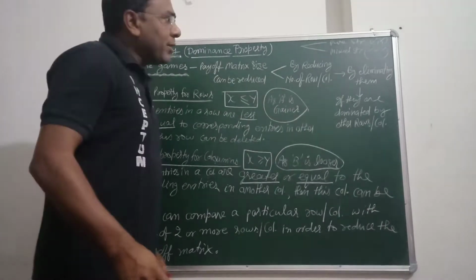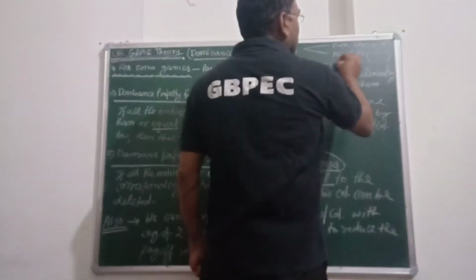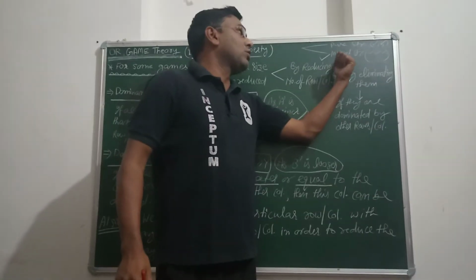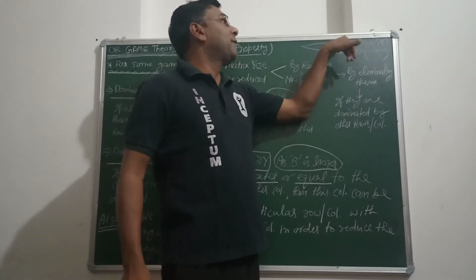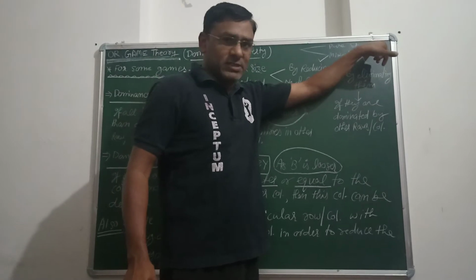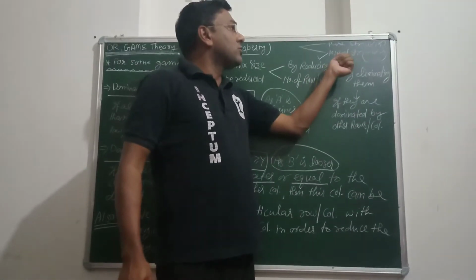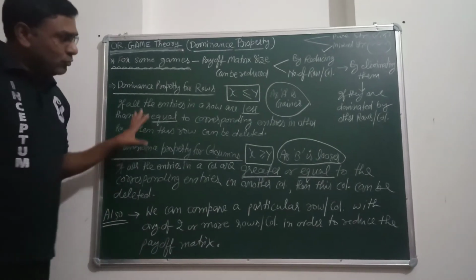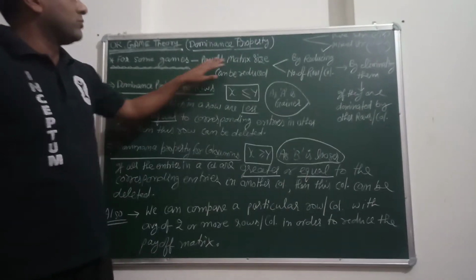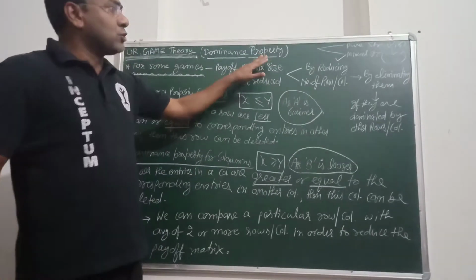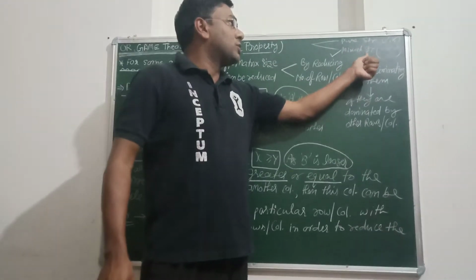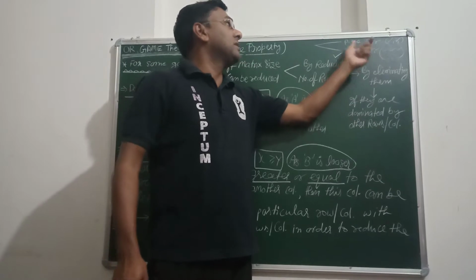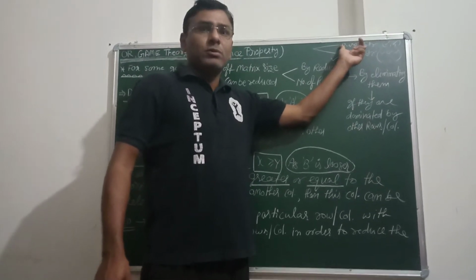So I am going to solve a question based on the mixed strategy, because if you are able to solve a question on mixed strategy, it is very easy for you to solve a question on the pure strategy. I am going to choose such a question in which all these three conditions will be utilized and you will be able to solve any question on the dominance property.